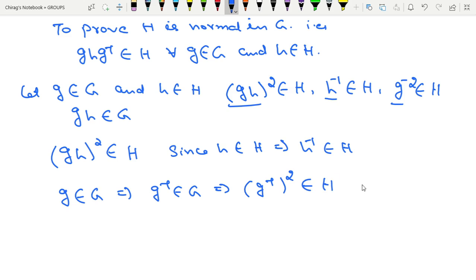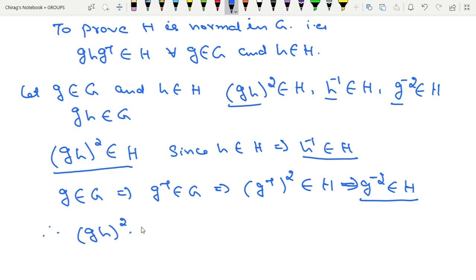So we can write this as g to the power minus 2 belongs to H. So therefore (gh)² belongs to H, h⁻¹ belongs to H and g to the power minus 2 belongs to H. So therefore, since H is a group, by closure property we have (gh)² times h⁻¹ times g to the power minus 2 belongs to H.